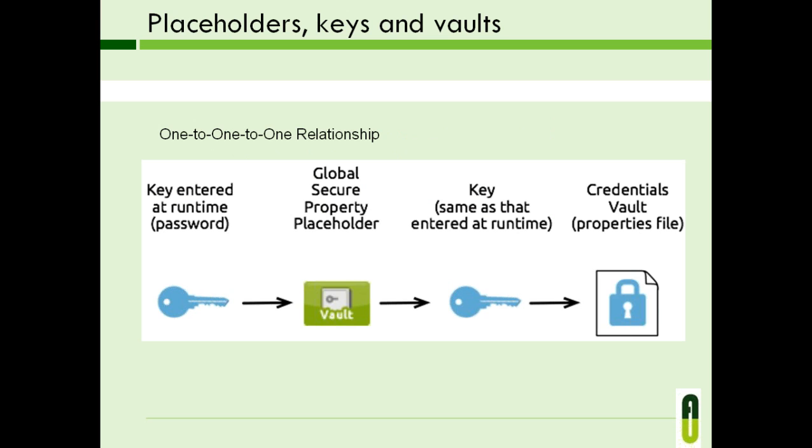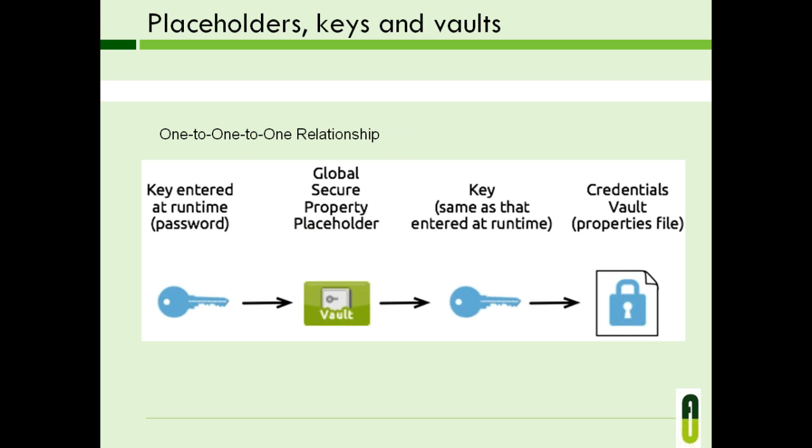This is one-to-one-to-one relationship. In one-to-one-to-one relationship, only one key decrypts the properties in one properties file. The configuration of one global secure property placeholder demands that it use one key to unlock one credential vault.